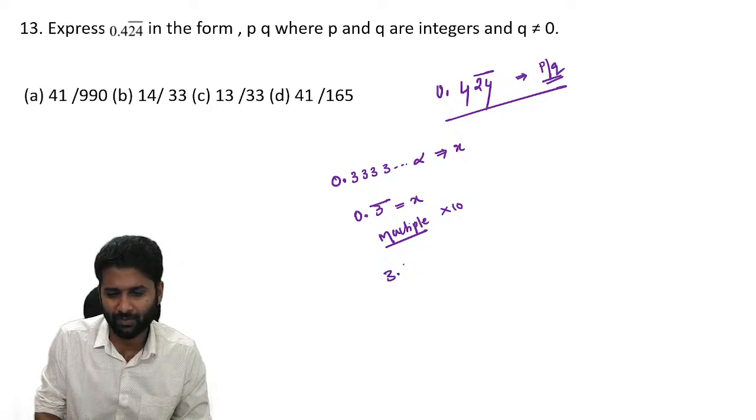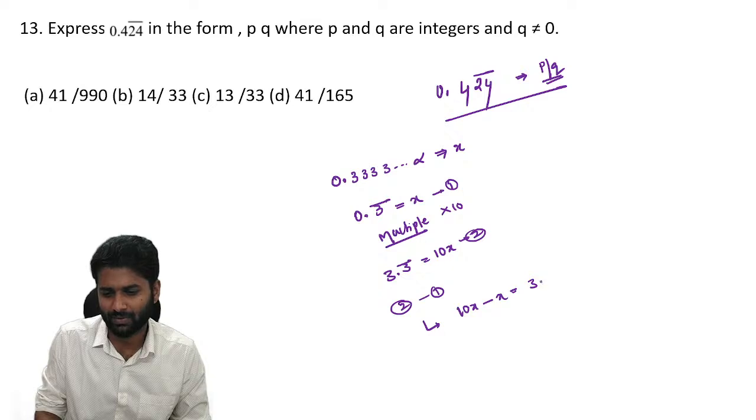Then it becomes 3.3 bar is equal to 10x. This is equation number 1 and this is equation number 2. Subtract 2 minus 1. It means 10x minus x is equal to 3.3 bar minus 0.3 bar. Then the answer: 9x is equal to 3. Then x is equal to 3 by 9. Answer is 1 by 3.